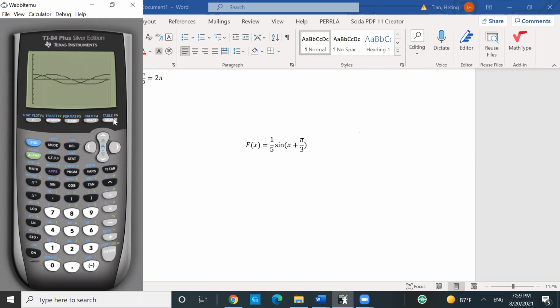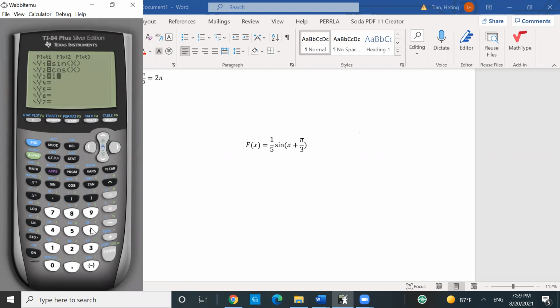It shows us another graph. I think on your calculator, maybe it will give you different colors to represent different functions. If I want to plot this function, let's make it the third function here.